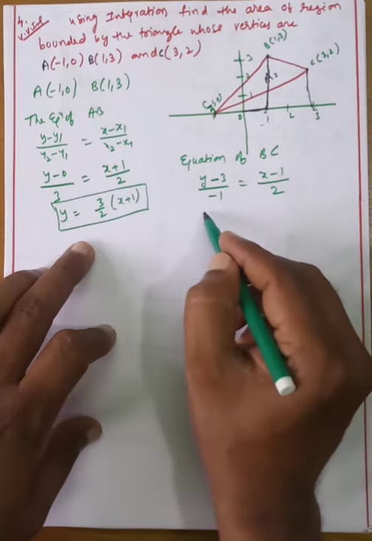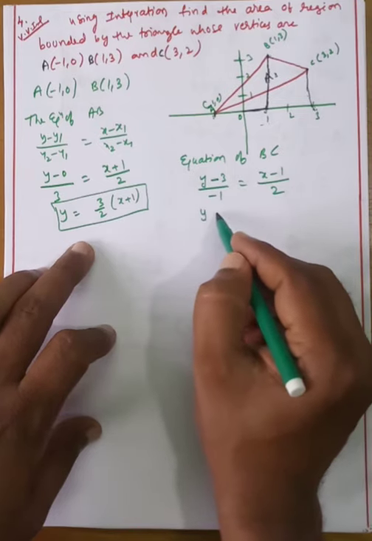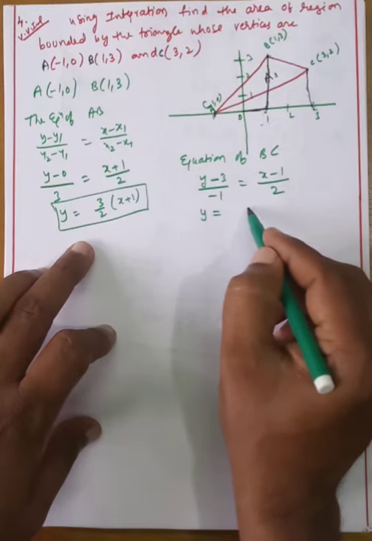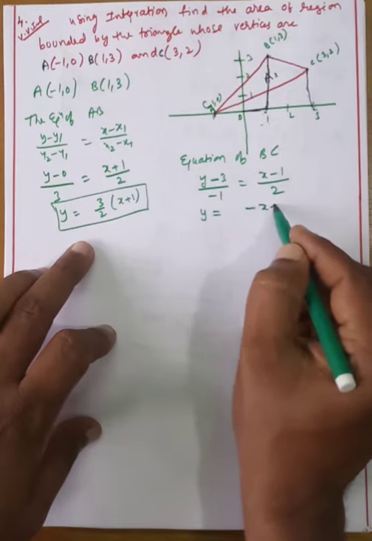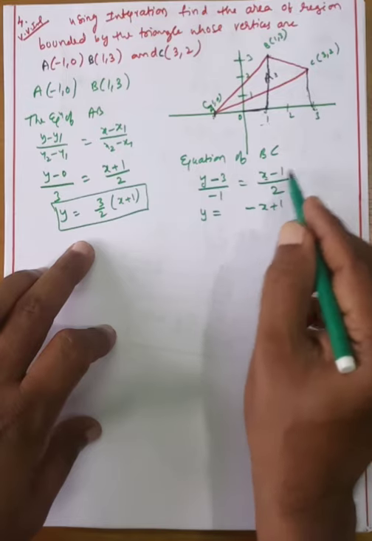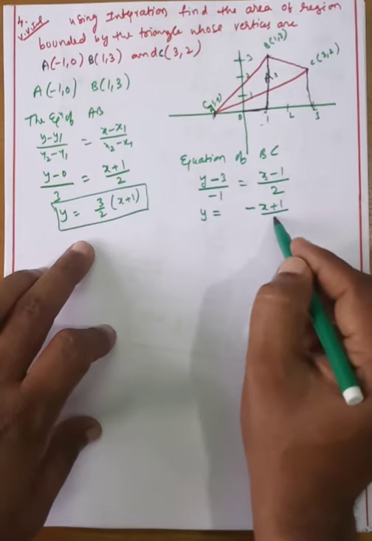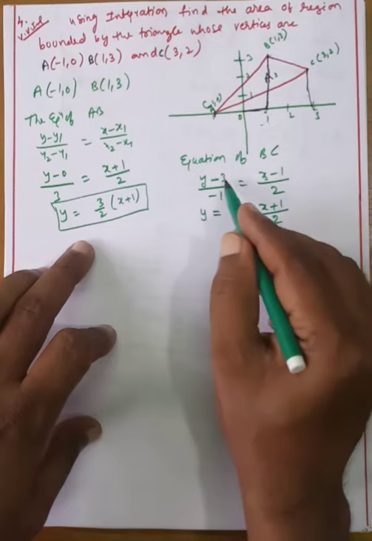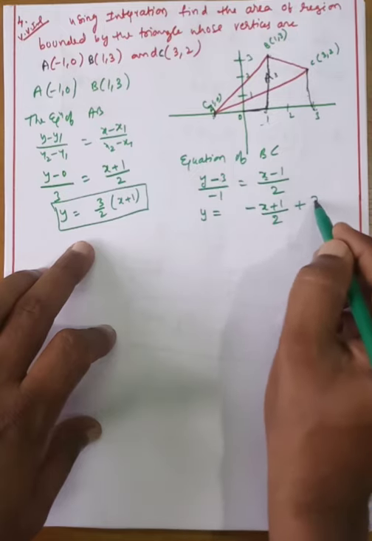Here y is equal to, minus (x minus 1) by 2. Here minus 3 this side, plus 3.